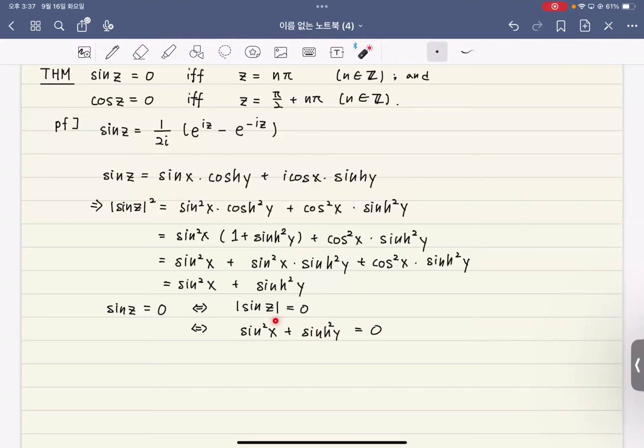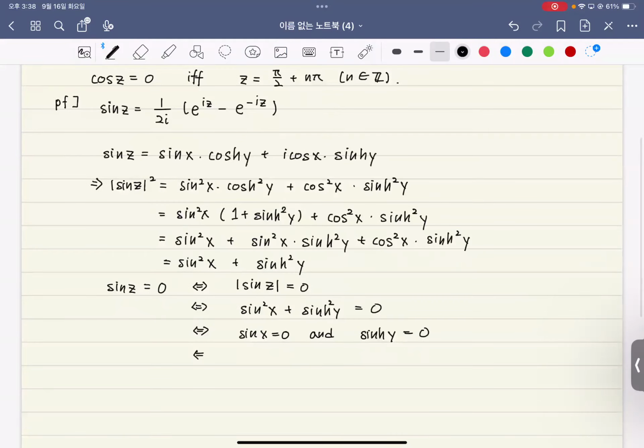And you have to remember these are real numbers, right? The sum of two squared real numbers equals 0 if and only if this one equals 0 and that one equals 0, right? So sine x equals 0 and hyperbolic sine of y equals 0.